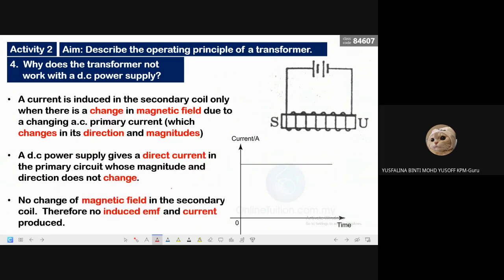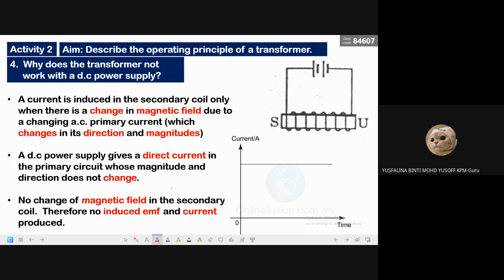Alright. So why does the transformer not work with a DC power supply? This one we already know, because DC only gives one direction, right? It only can flow in one direction, which means the magnitude and direction will not change. So when there is no change of magnetic field in the secondary coil, there will be no induced EMF.